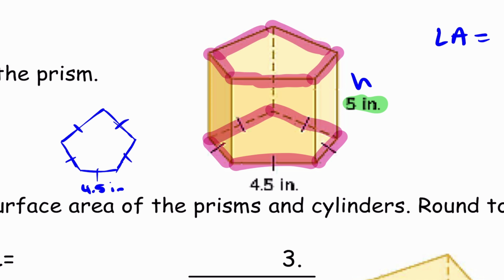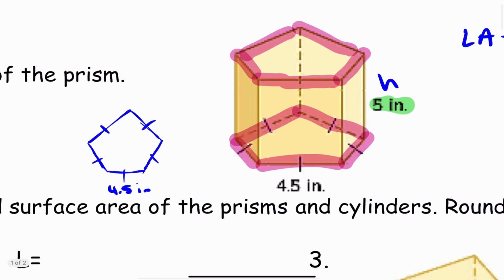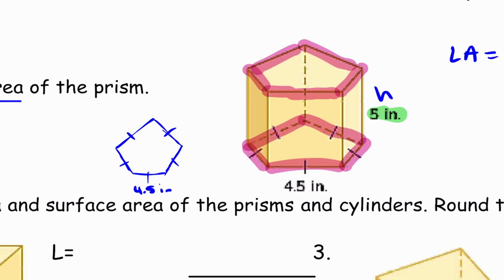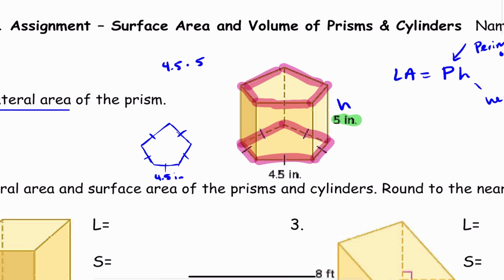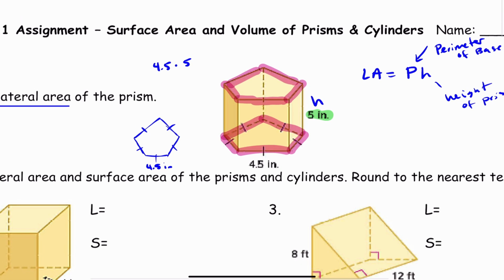So if it has 5 sides, and I'm trying to find the perimeter of the pentagon here, I can simply do 4.5 times 5. So I'm going to get my calculator out right now. So 4.5 times 5, we got 22.5. That's the perimeter of this pentagon.